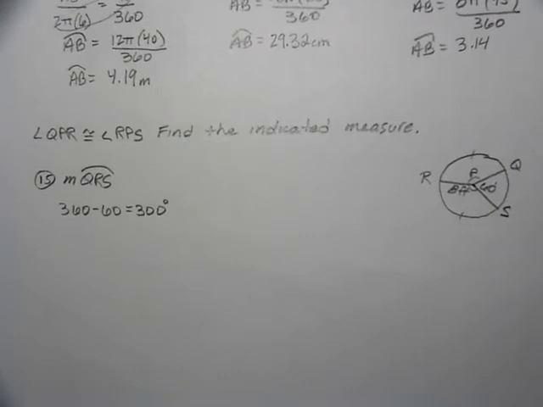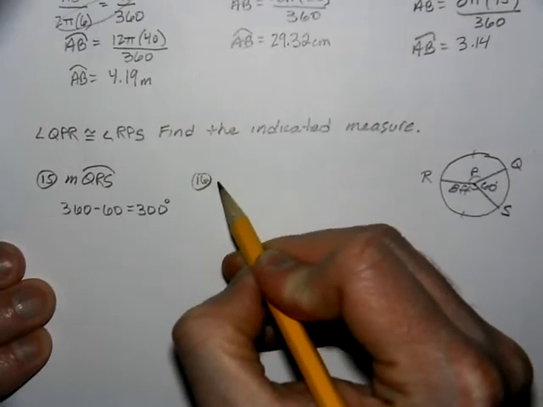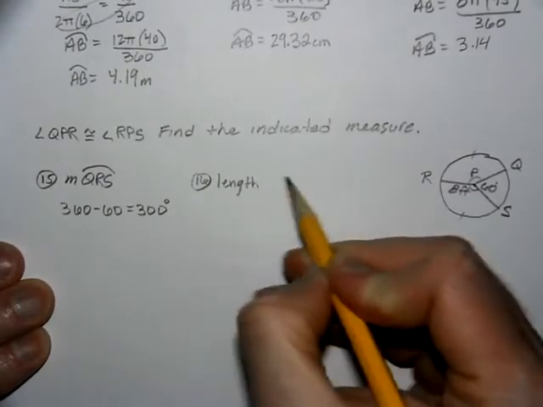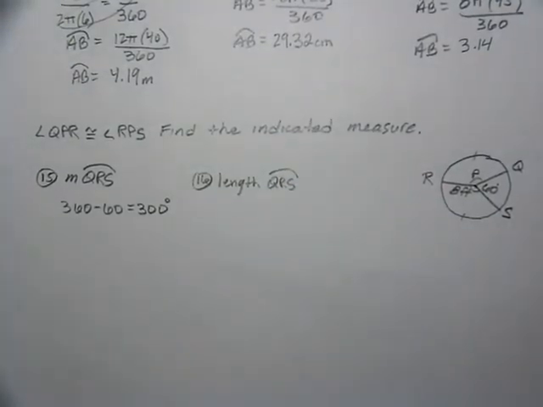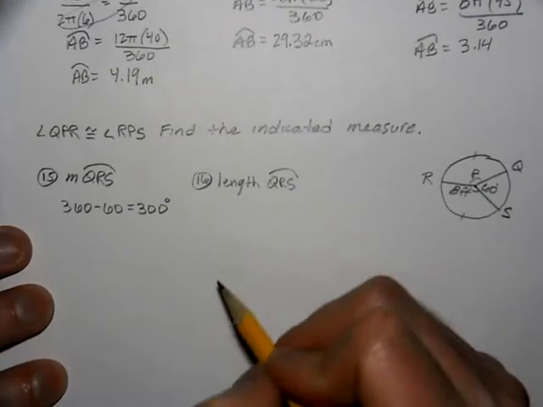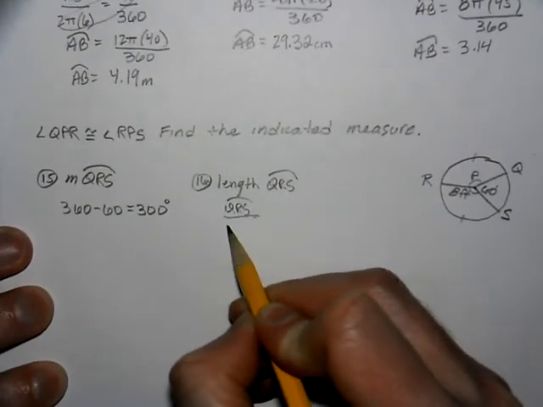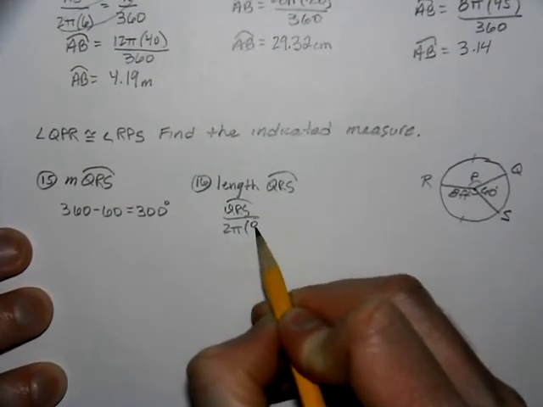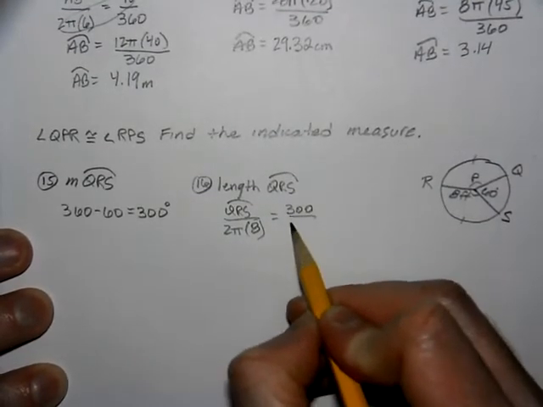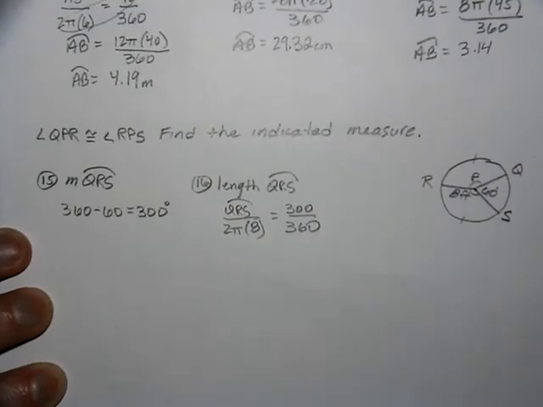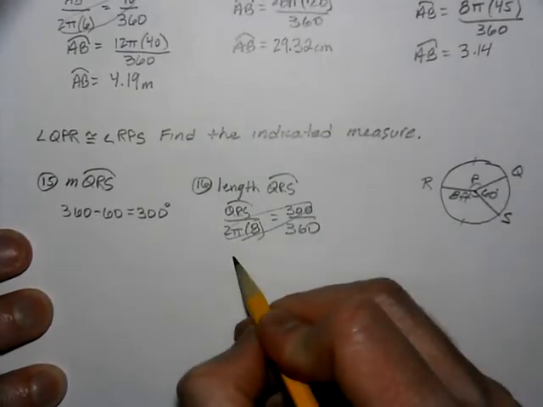For number 16, we're supposed to find the length of QRS. So to find the length, we're going to use our formula. Arc QRS divided by 2 pi r, the radius is 8. The angle we calculated to be 300 over 360. We want QRS by itself, so we're going to cross multiply.